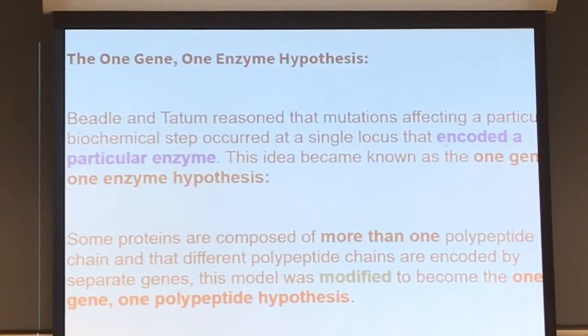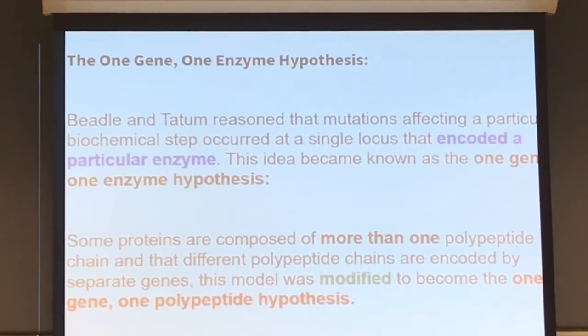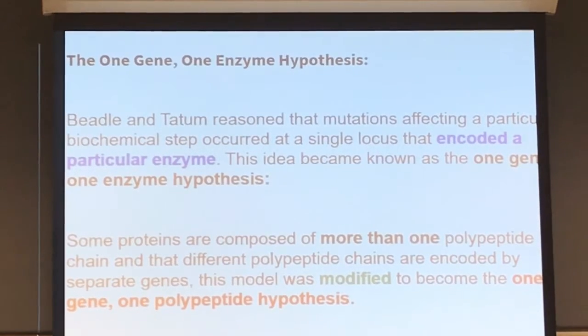So then they postulated the concept called the one gene, one enzyme hypothesis. But in this situation, you have to assume that every gene codes for an enzyme. Every gene codes for a protein, but it's not guaranteed that every protein is an enzyme. So then they said that sometimes for proteins to be active, you have many polypeptide chains.